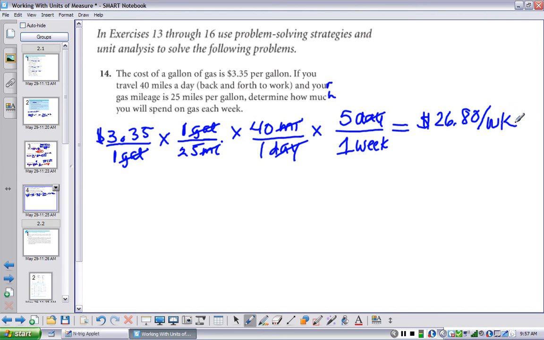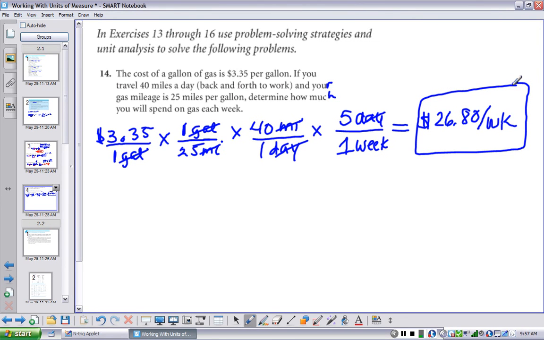That's how much she spends on gas if a gallon of gas is $3.35 per gallon, and if she travels 40 miles per day to work and back. Now that's pretty cheap. We know that in our economy right now, you can't do that, but that's very cheap.